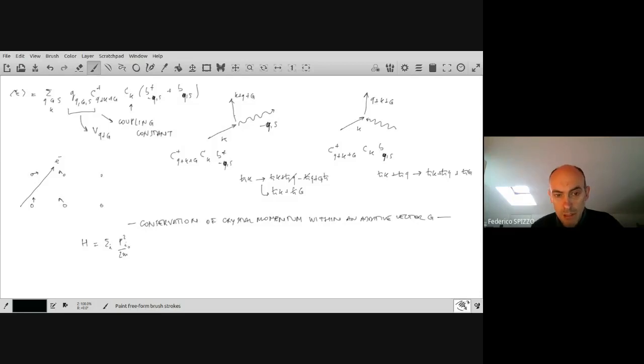So we have this contribution due to the kinetic term of the electrons. Then we have the interaction potential between the electrons.